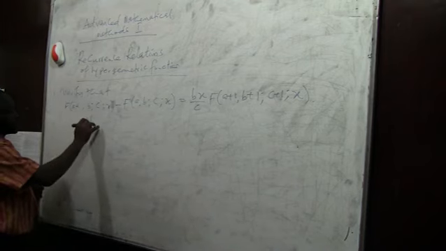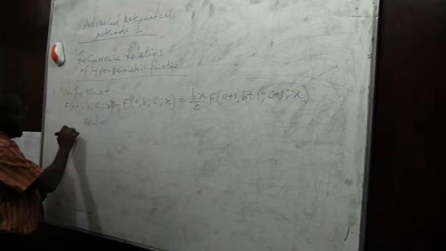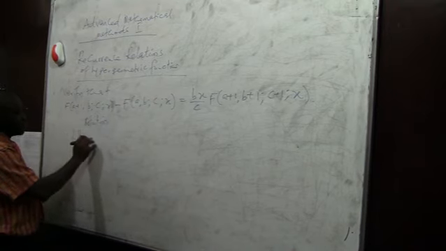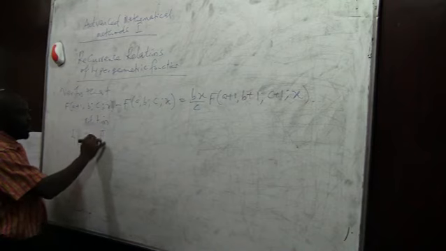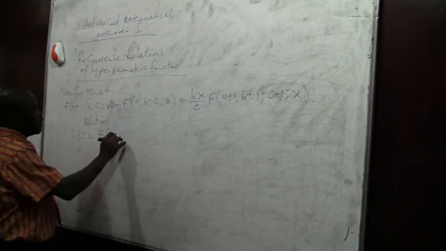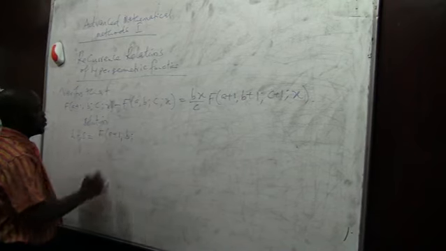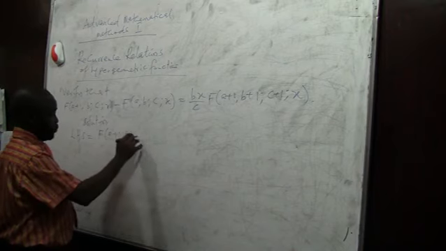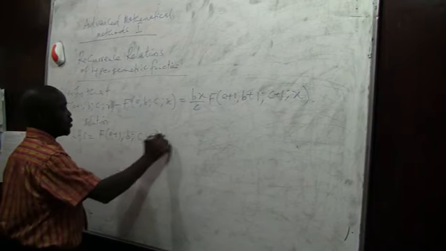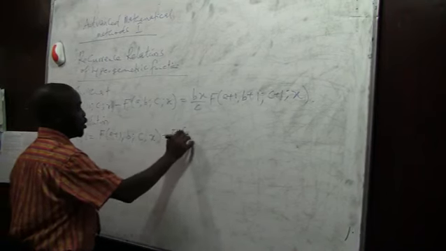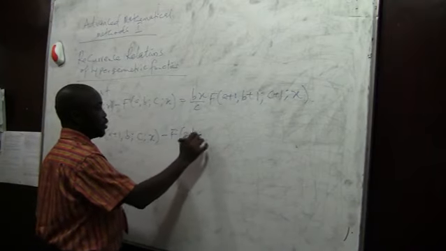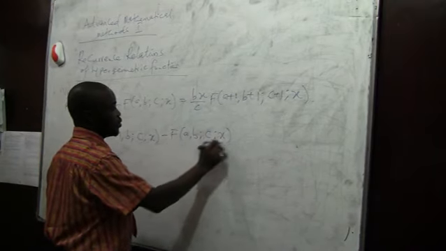Solution. Left hand side: we have F(a plus 1, b; c; x) minus F(a, b; c; x).